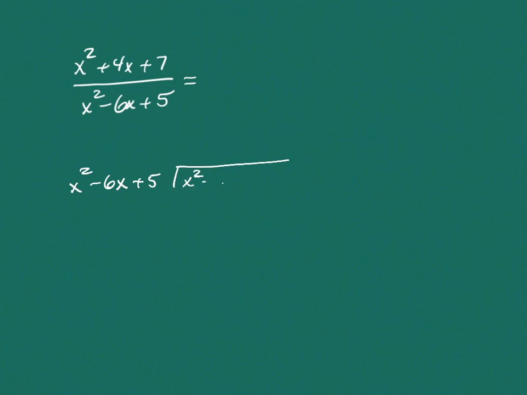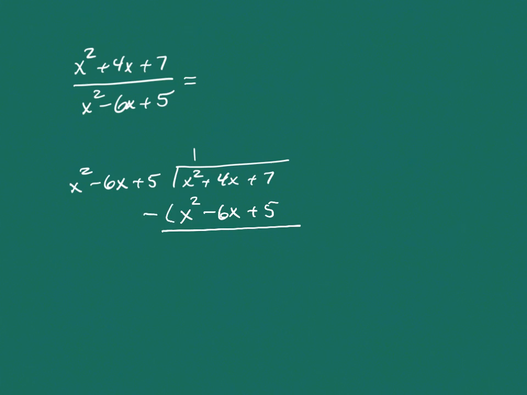So I have x squared plus 4x plus 7. Well, what do I need? I need to multiply something by x squared to give me x squared. So what's going to do that job? Well, the answer is 1. So 1 times that polynomial gives me x squared minus 6x plus 5.